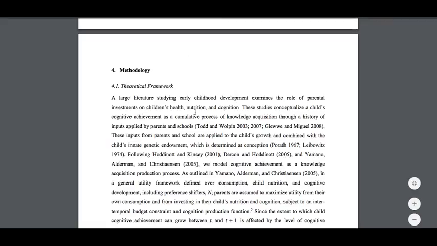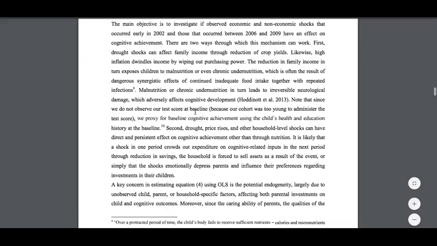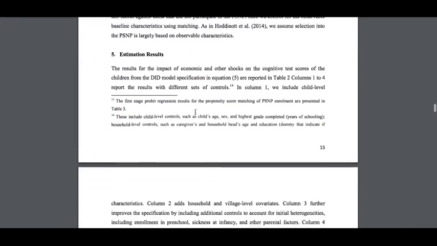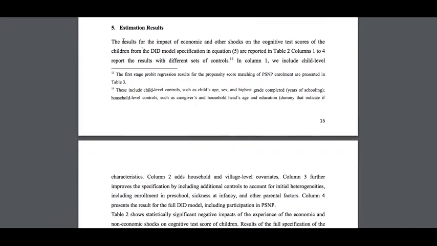So let's look at an example. So the results of the impact of economic and other shocks on cognitive test scores of the children from the DID model specification in equation 5 are reported in table 2, columns 1 to 4.